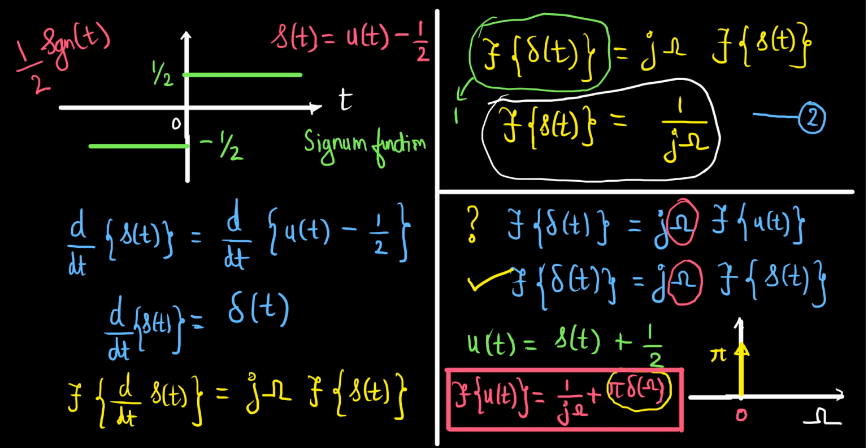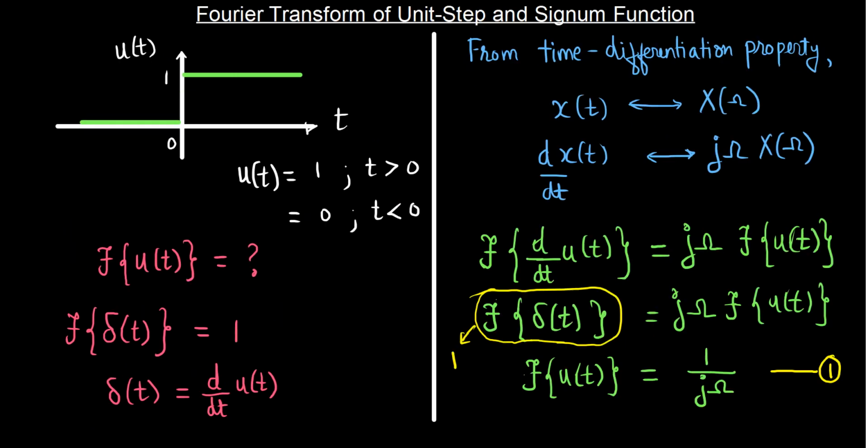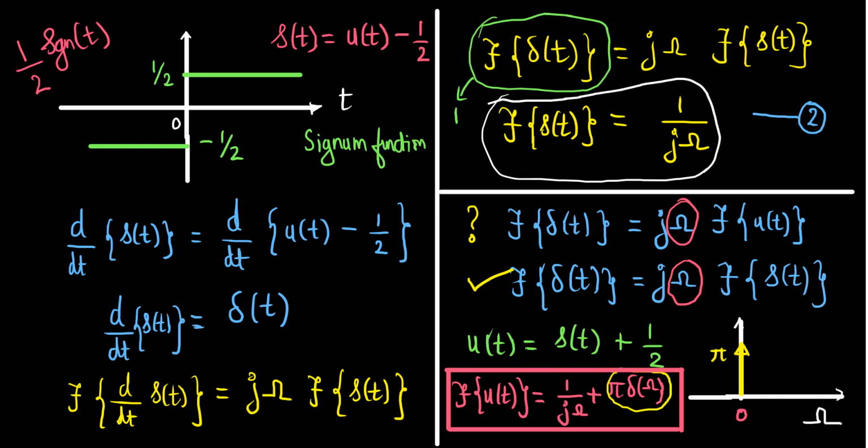And that's the component we have derived here, the additional correction factor required for u of t is pi times delta of omega, and that is due to the fact that u of t has some DC, or some average value, present in the signal. The average value of the signal is not 0, whereas for the Signum function it is 0.